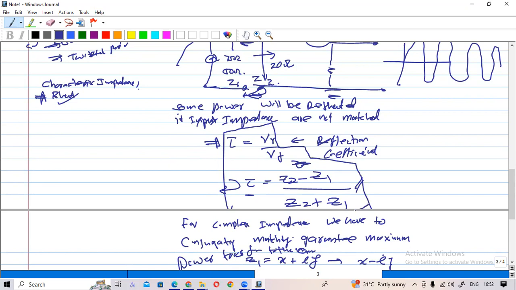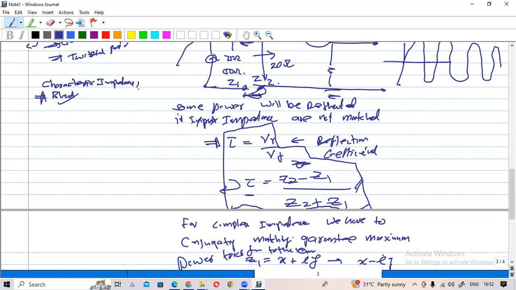I think telecom students should understand this. If you consider your phone, there are many matching techniques used in this phone, because there are many stages: amplifiers, filters, oscillators. So there are many components. When you are sending a signal to another component, impedance matching should be there.